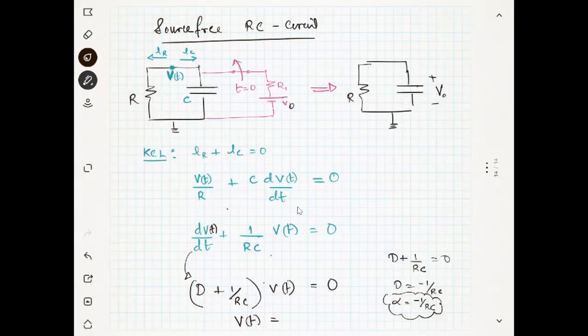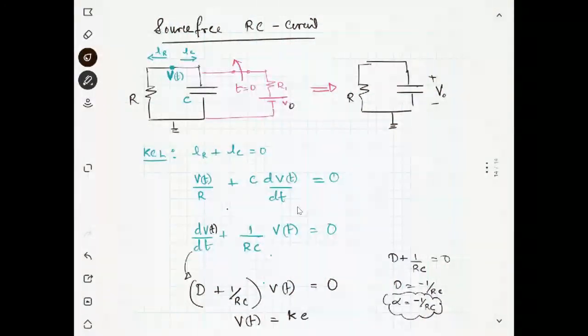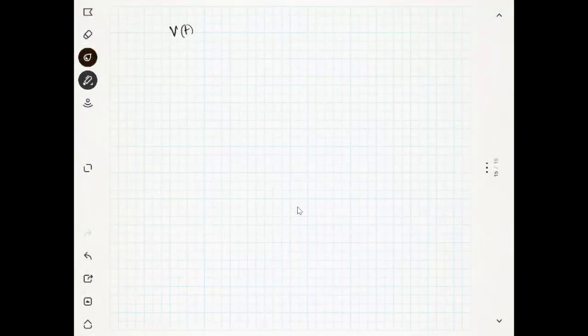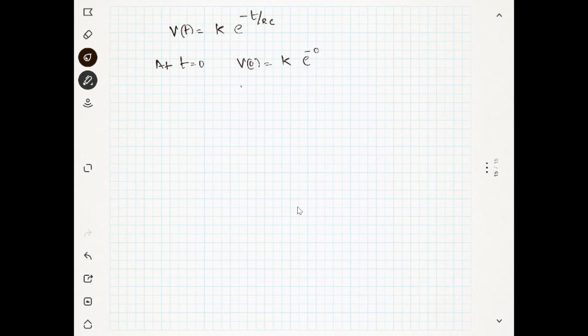So V of t is k into e power minus t over RC. Okay, this is the solution. I will write it: V of t is equal to some constant k into e power minus t by RC. Now at t equal to 0, V of 0 is equal to k into e power minus 0, so V of 0 is nothing but k, right?